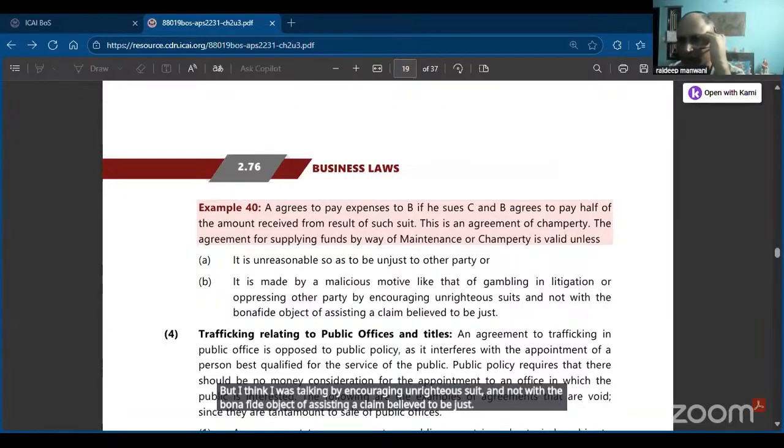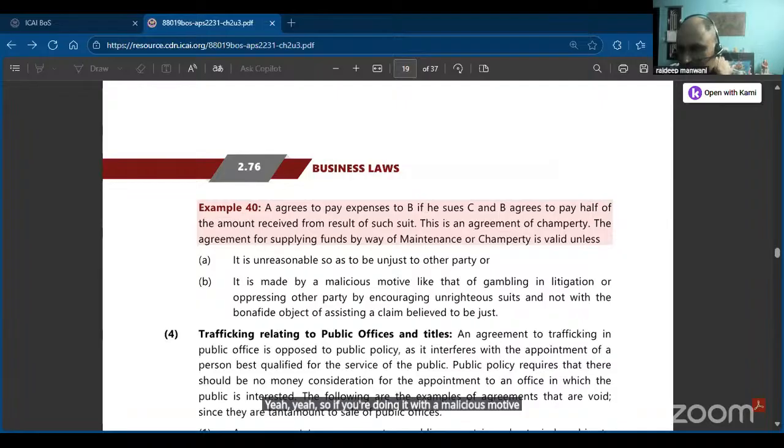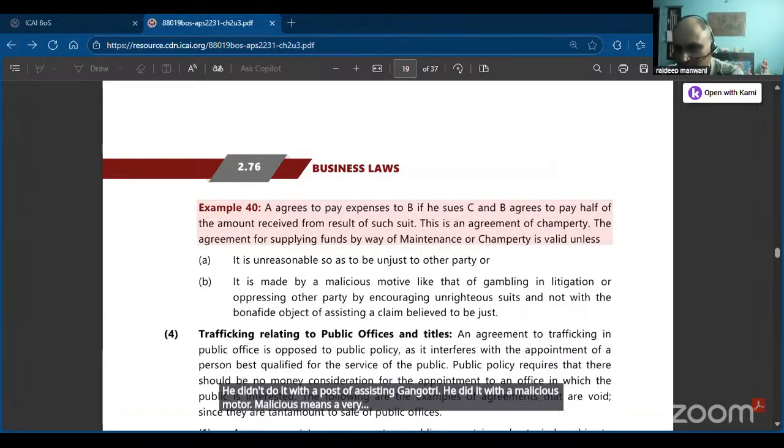So if you're doing it with a malicious motive, remember I told you Puneet told Gangotri, you just file a case against Dhanush, we'll take revenge on him. He didn't do it with the purpose of assisting Gangotri. He did it with a malicious motive. Malicious means a very bad motive, not a good motive. He did it with the motive of Dhanush suffering. He wanted Dhanush to run to the court ten times.